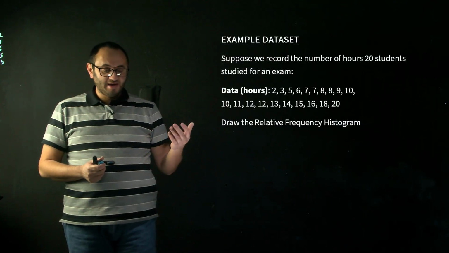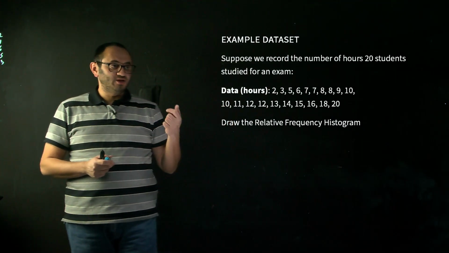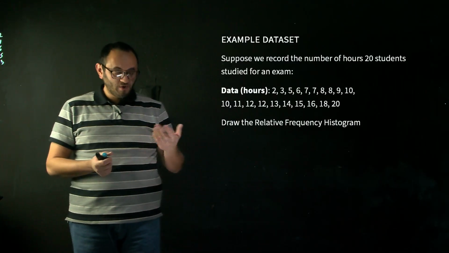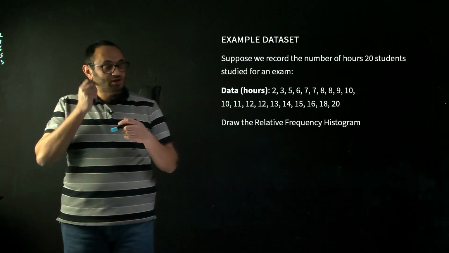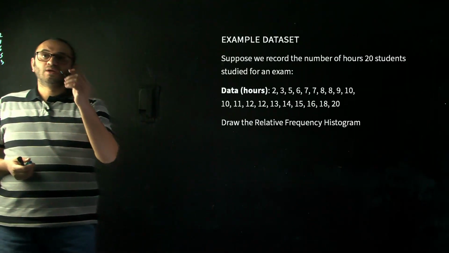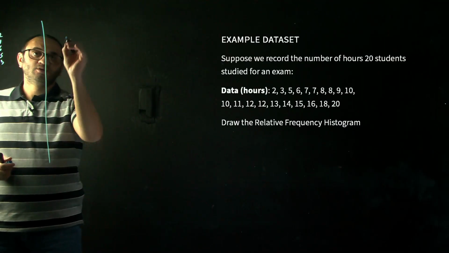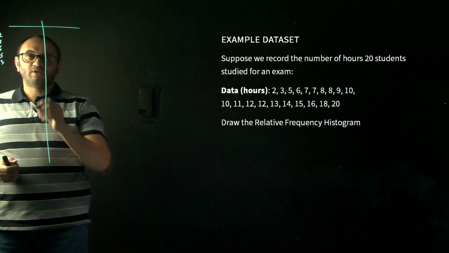Okay, so we have to determine the width of each bin, or the size of each bin. For example, let's use a bin width of 4 hours, right? So let's create a table. This is for the hours.